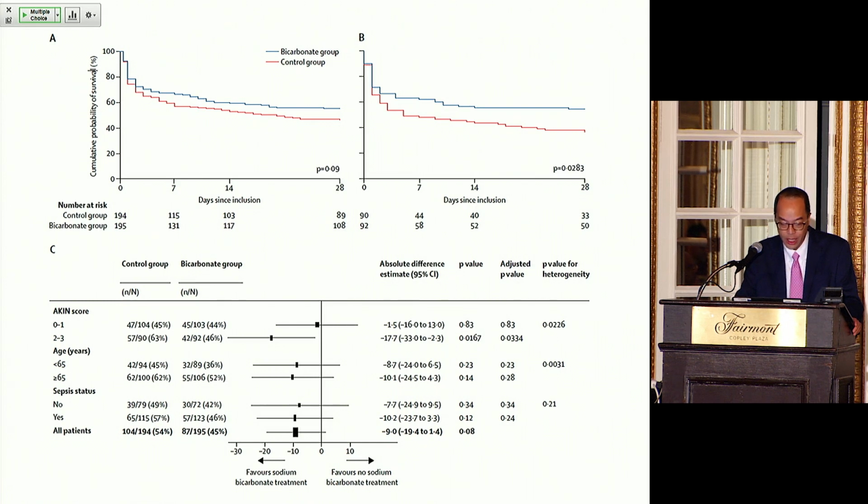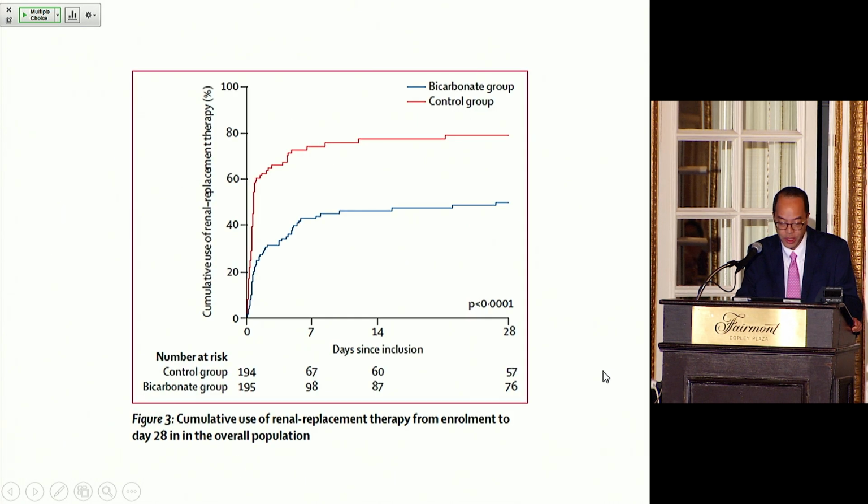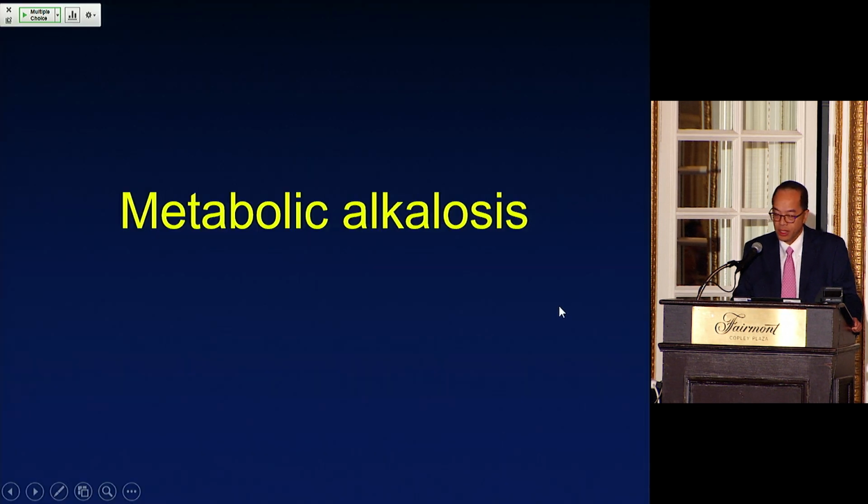And you can see there wasn't really any significant difference, certainly in the probability of survival, but there was a difference in the incidence of acute kidney injury that favored those that got aggressive bicarb therapy for the severe acute kidney injury. And this was the cumulative use of renal replacement therapy. Not surprisingly, the patients in the control group eventually needed more replacement therapy. Okay, so the controversy lives on.